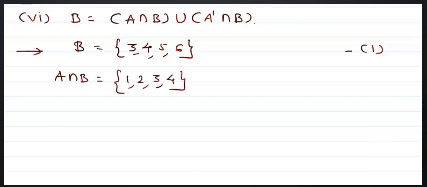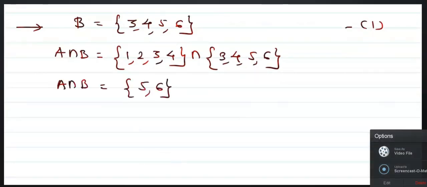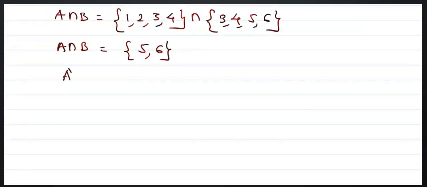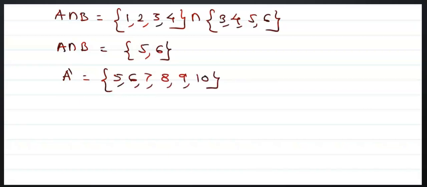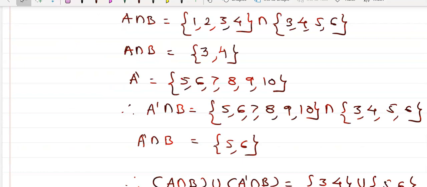A intersection B is equal to 1, 2, 3, 4 intersection 3, 4, 5, 6. Now you can see that by mistake it is written as 5, 6, but the intersection of these two sets is 3, 4.